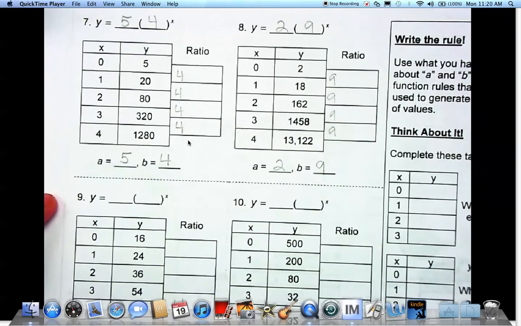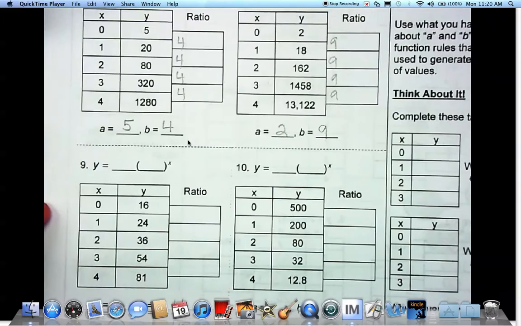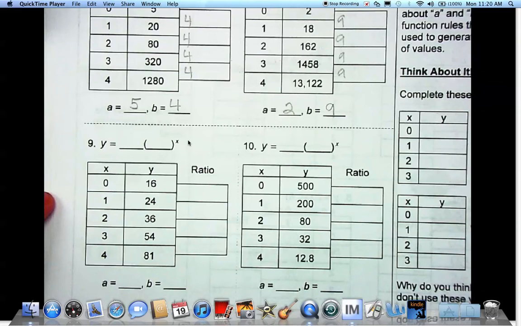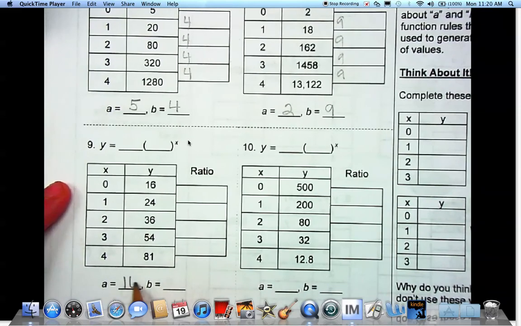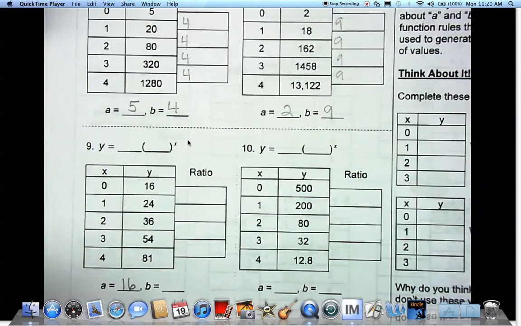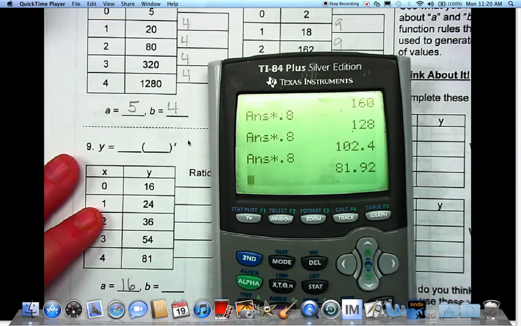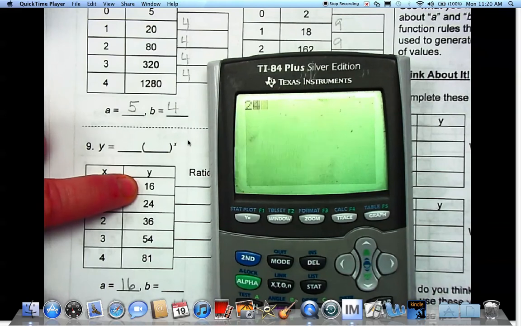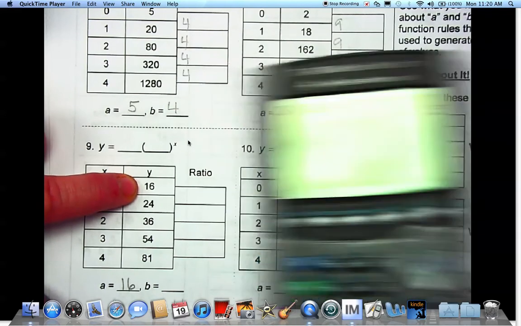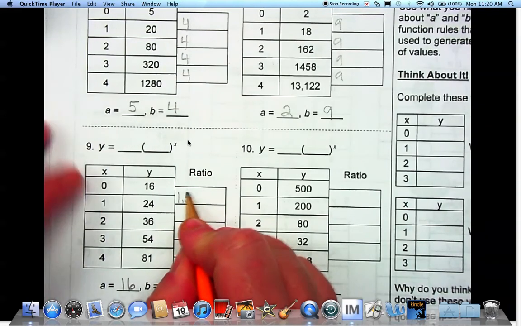Now it gets a little harder in number 9 because you can't necessarily tell what you're multiplying by. Is it 3/4? How did you get that? You divide 24 by 16. In other words, you kind of go backwards and you get 1.5. If you need to, double check it.